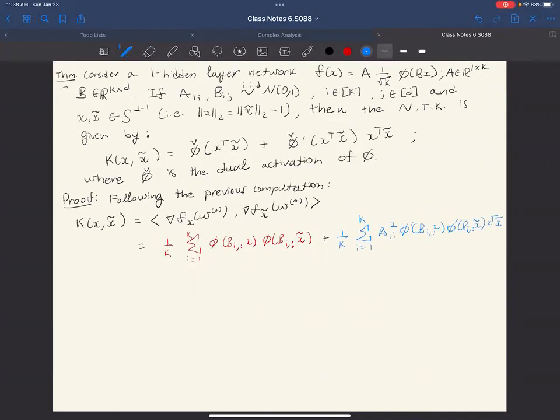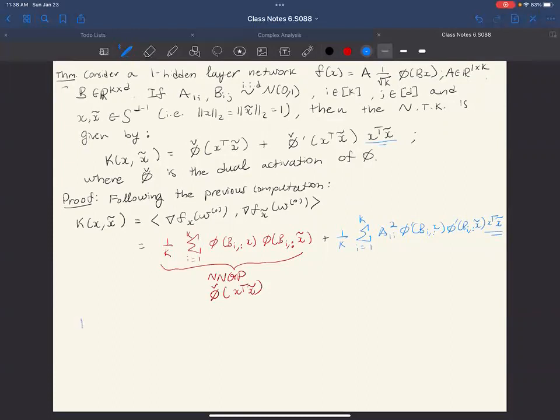So things are starting to look already a bit good, because remember from the last lecture, this is exactly the neural network Gaussian process. So because this is the NNGP, this part is exactly phi hat of x transpose x tilde. So that's good. Now here, we already have the x transpose x tilde term.